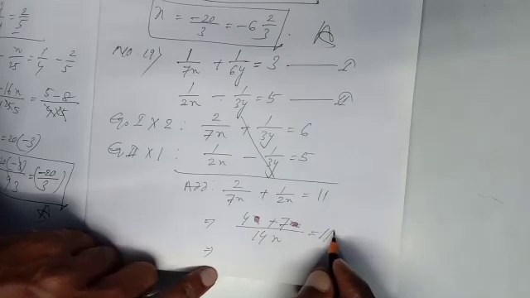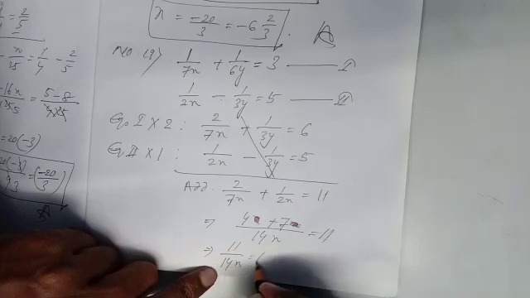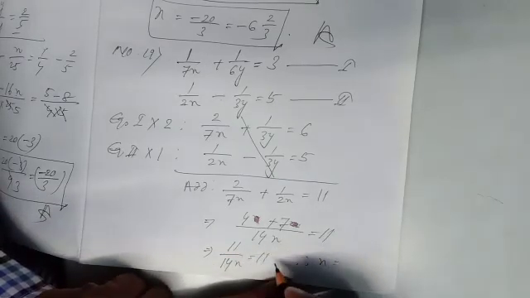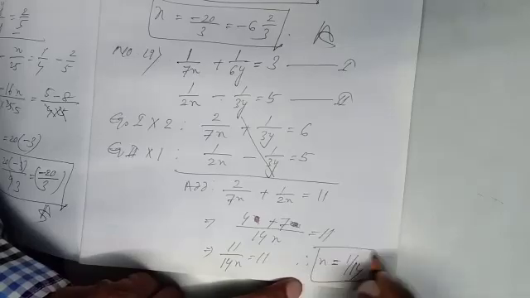So 11 cancels out. 11 by 14x is equal to 11. Therefore x will be how much? 11 cancelled, x is equal to 1 by 14.